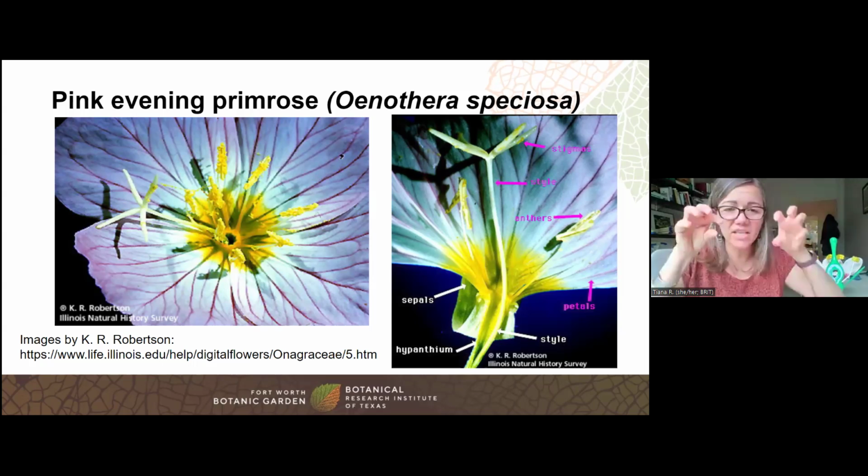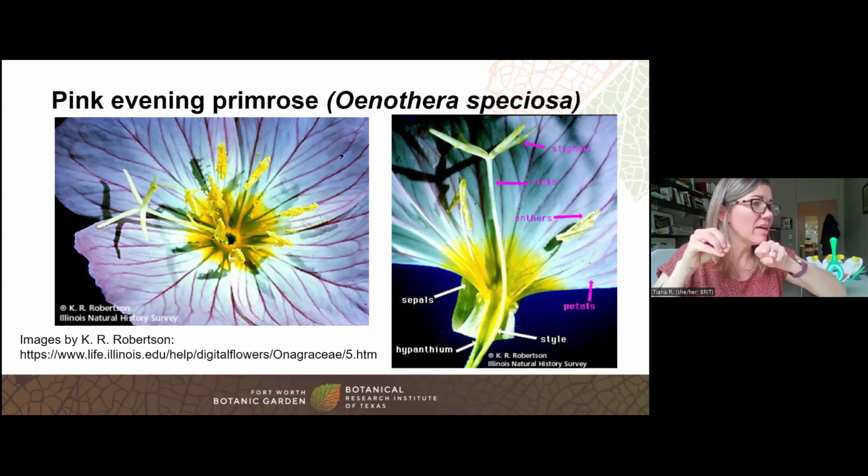And you can kind of see that they're kind of grainy. So you've got pollen all over here. And there's something else, I have a screenshot for later, but those are the anthers. The anthers open up, distribute that pollen once they're mature.